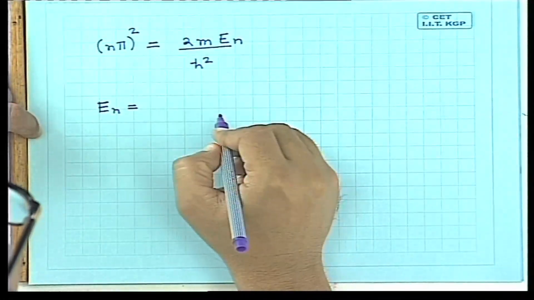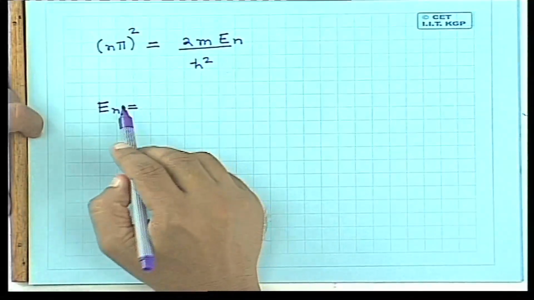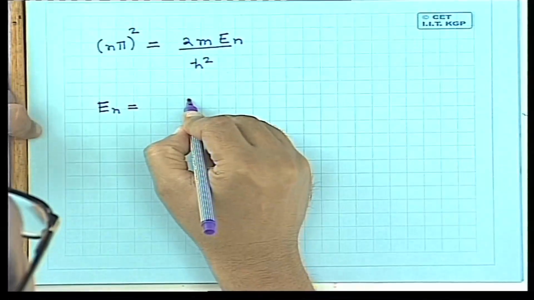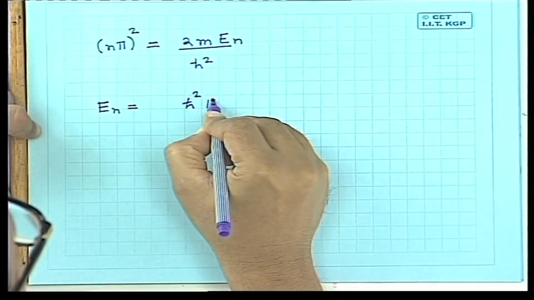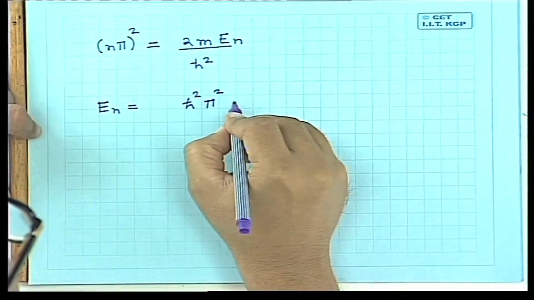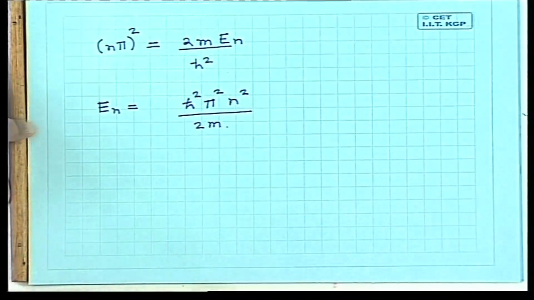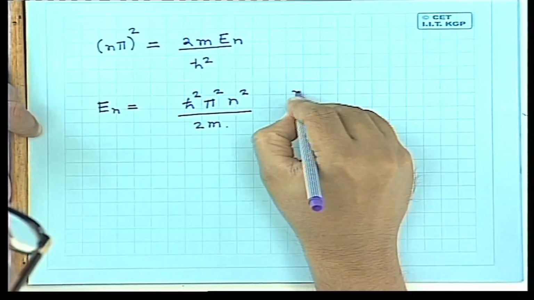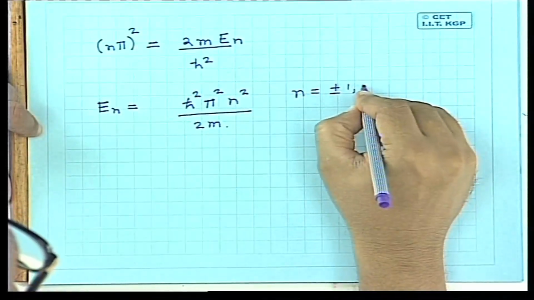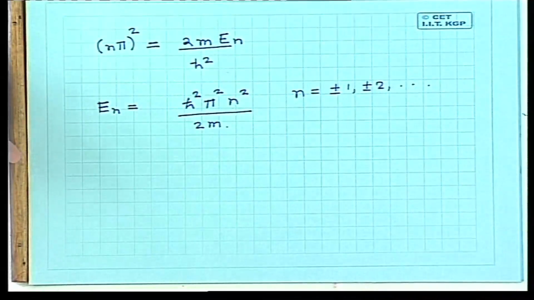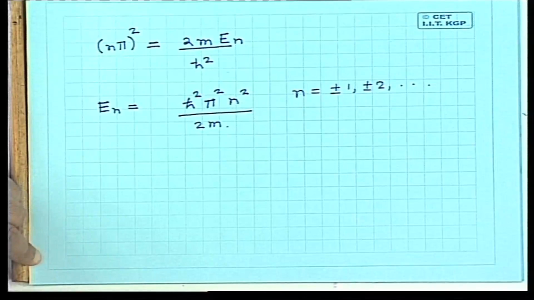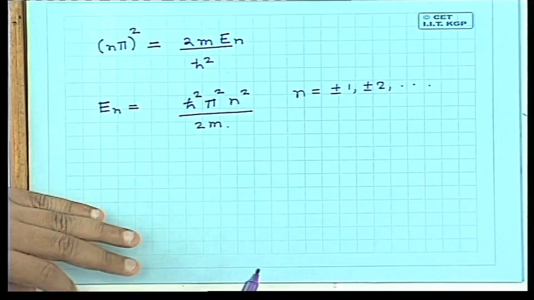The energy levels are given by the following. The energy level corresponding to an integer n is h cross squared pi squared n squared by 2m, where n could be equal to plus minus 1, plus minus 2, etc. So what are the energy levels of a particle in an infinite potential well?